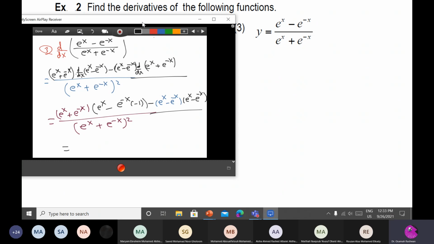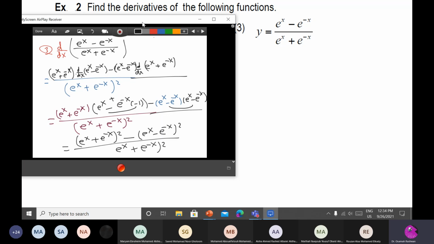Now, look at this one. This is minus minus, so it will be plus, right? And this is the same as this one. So you have e to the x plus e to the minus x squared. Minus. Also this one, you have negative here and negative here. So this is the same bracket. So it will be e to the x minus e to the minus x squared over e to the x plus e to the minus x squared.